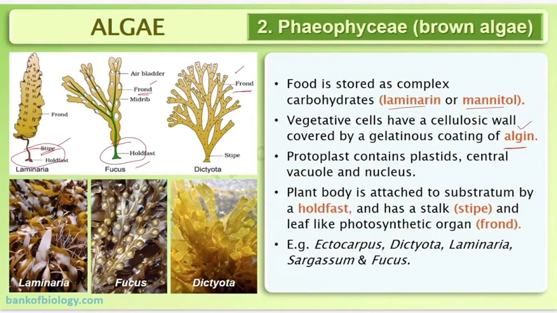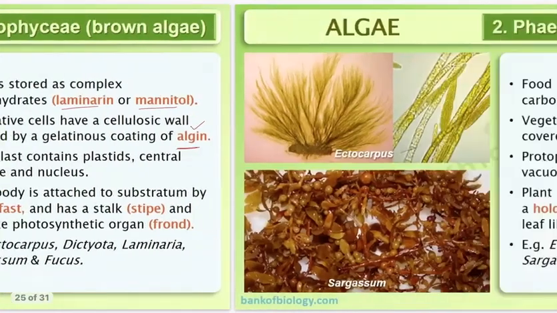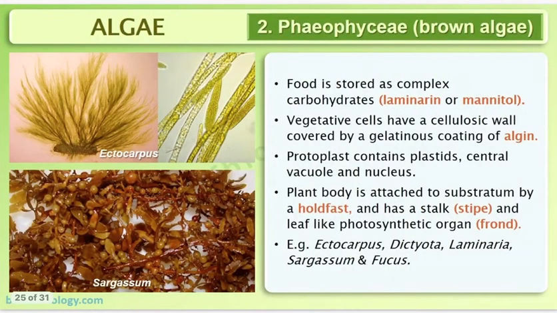Example, Ectocarpus, Dictyota, Laminaria, Sargassum and Fucus. So in this at least you can remember Fucus, very easy, and Laminaria. And the most important character that you must remember is presence of algin in the cell wall.